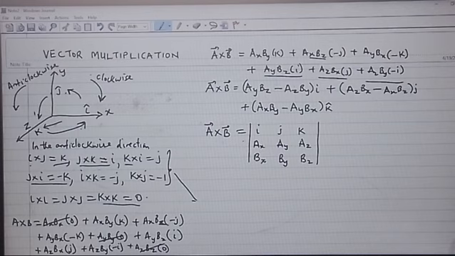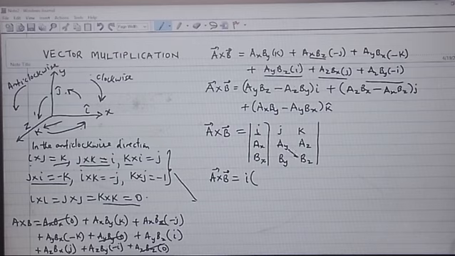So the determinant is obtained as follows: A cross B is equal to, we first of all take this I as a multiplier. Once you are using I as a multiplier, you ignore the column that I is appearing on top, and you multiply the other two columns diagonally.